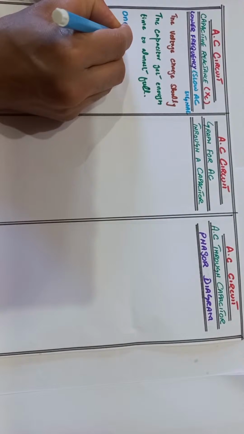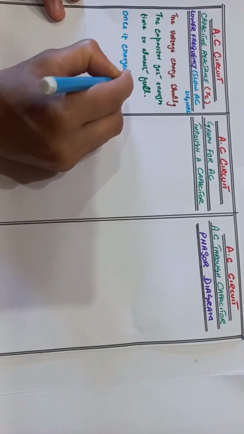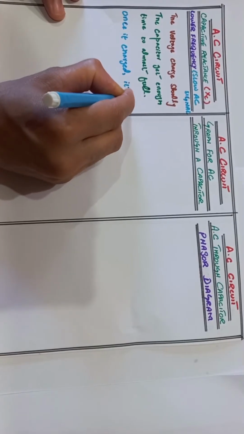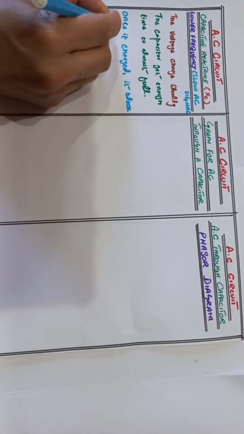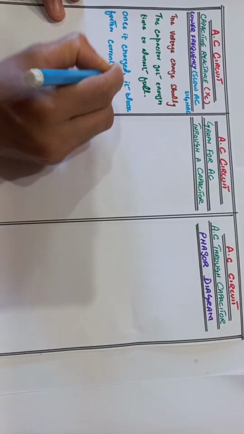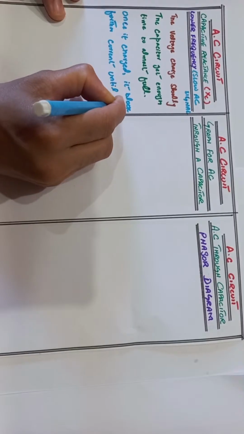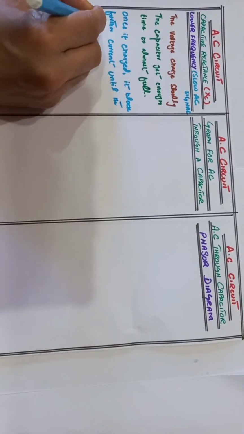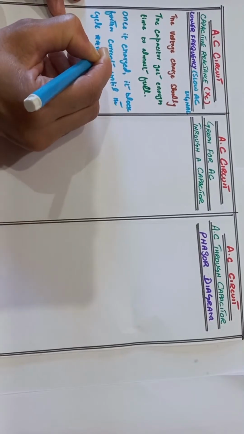Once it charges, it blocks further current until the cycle reverses. So it opposes current more strongly.